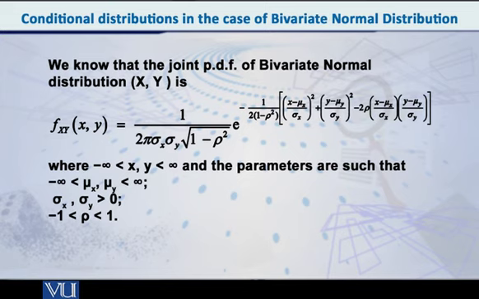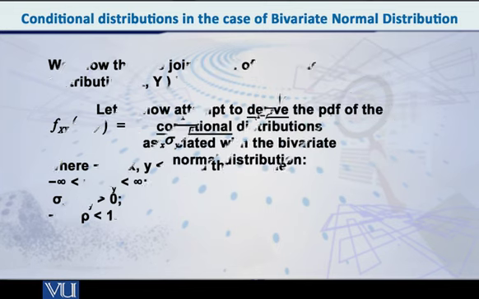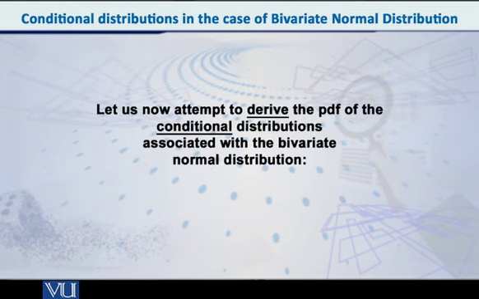The restrictions on sigma x and sigma y are that they have to be positive numbers, and the restriction on rho is that it should lie between minus 1 and plus 1. All right, given this bivariate density function, my dear students, let us now attempt to derive the PDF of the conditional distributions associated with this one.